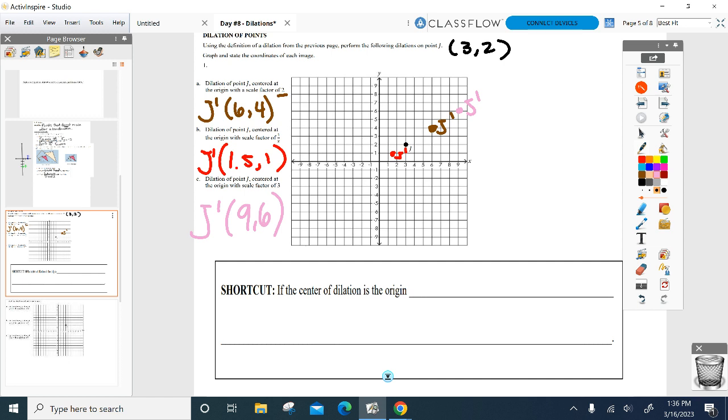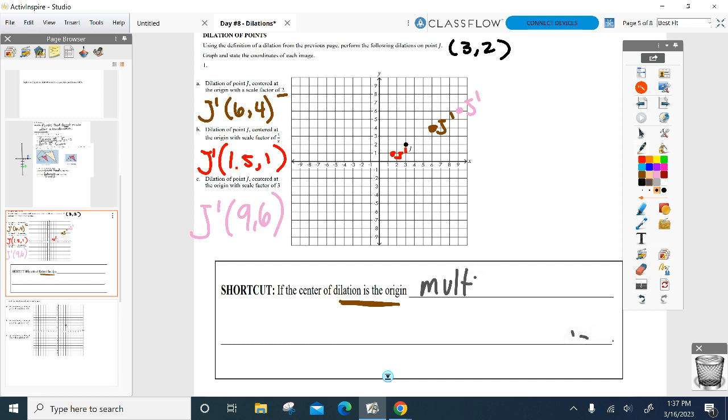Alicia, what do you have? Times it by the scale factor. Multiply your coordinate by the scale factor. There you go. So only, listen to it, only if it's around the origin. This only works if you're dilating around the origin. If I dilate around another point, which we will do in a second, this doesn't work. It's got to be around the origin.